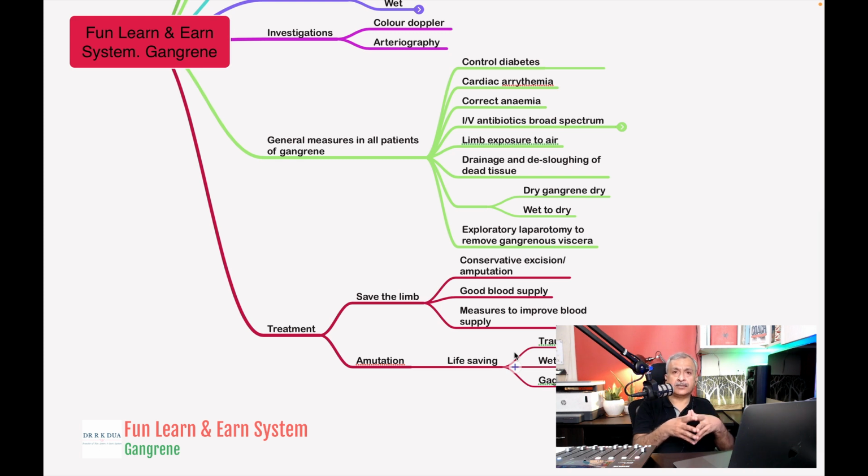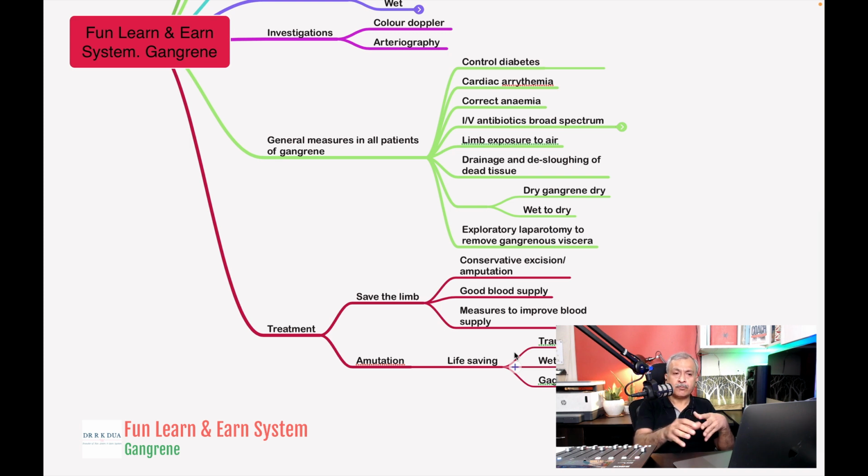So in those cases, if it is required, conservative amputation of the part should be done as soon as possible after looking for all the skip lesions, so that we do not have to do re-amputation of the proximal part.